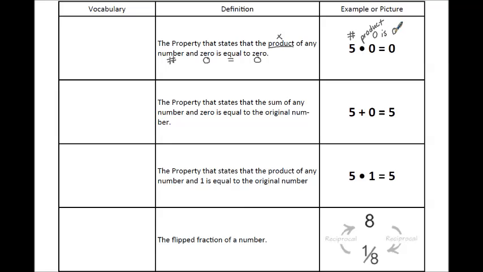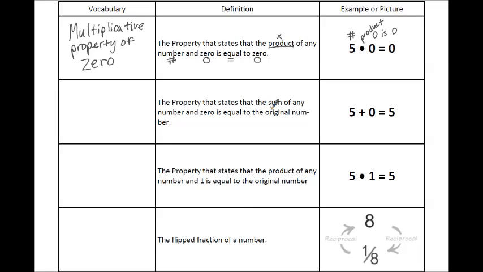So this is an example of the multiplicative property of 0 when we're multiplying by 0. And multiplicative sounds a lot like the word multiplication. So when you have the multiplicative property of 0, you know that you are going to multiply something by 0.